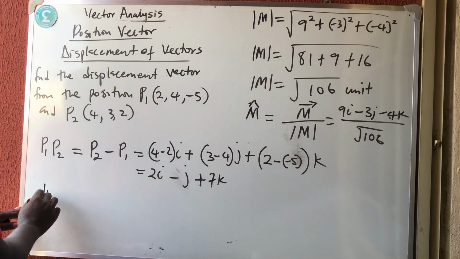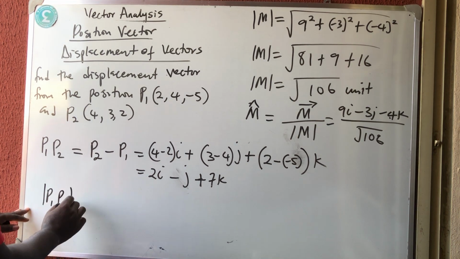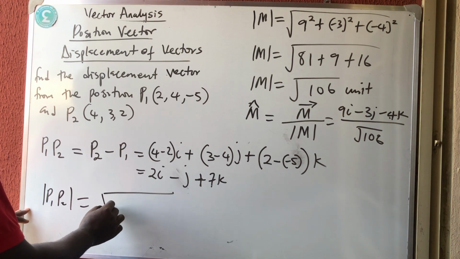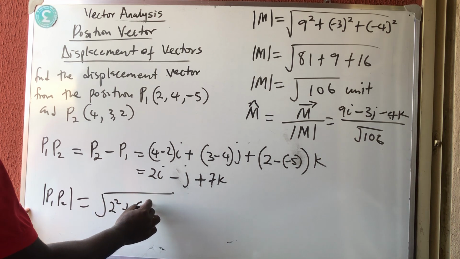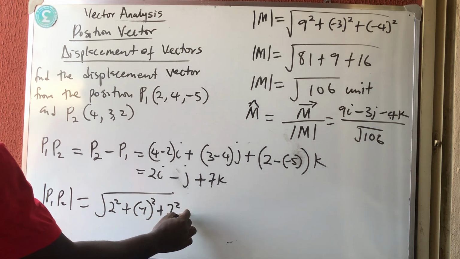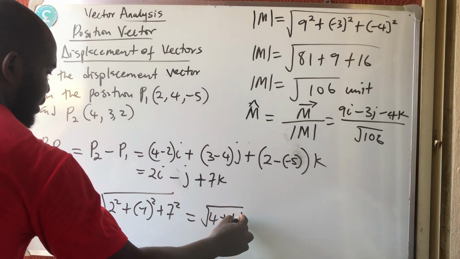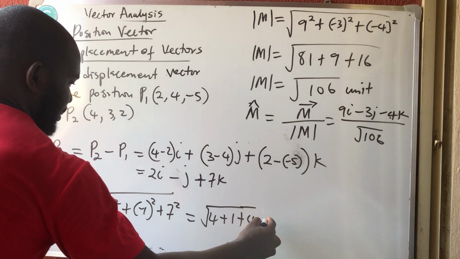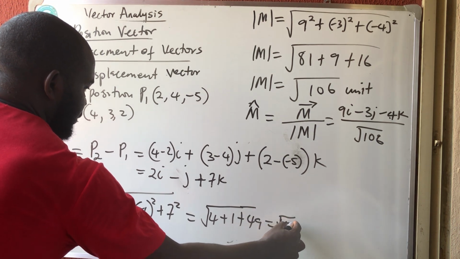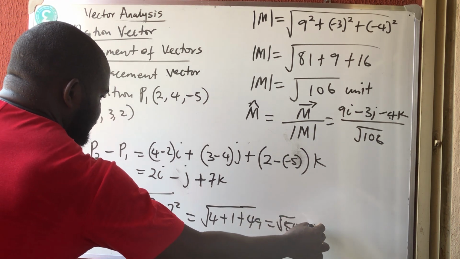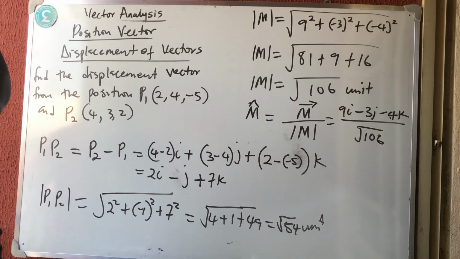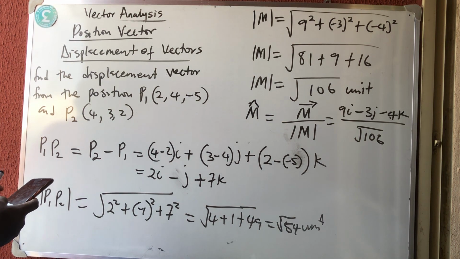So the magnitude of the displacement should be equal to the square root of 2 squared plus minus 1 squared plus 7 squared, which will give you the square root of 4 plus 1 plus 49. So I'm having the square root of 54 units. So that is that, the square root of 54 units.